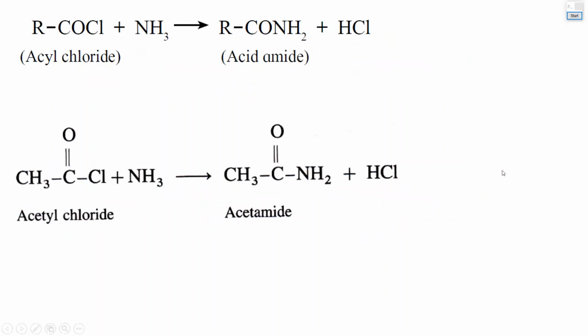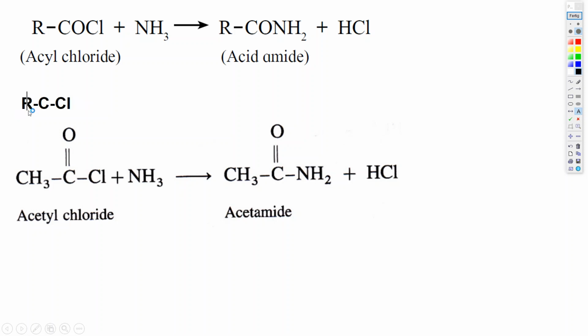Then another next important reaction, that is acetyl chloride and ammonia, again an addition reaction. So this acetyl chloride, I will write like this: R C double bond O and Cl.